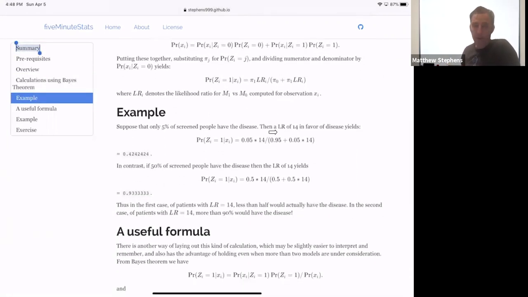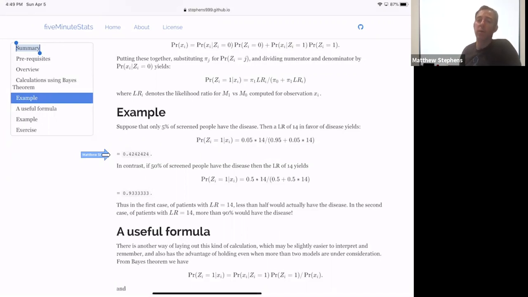In this example, we plug in the numbers: the likelihood ratio is 14 and 5% of people have the disease. If we put those numbers in, we see the posterior probability. This is called the posterior probability because posterior means after seeing the data.